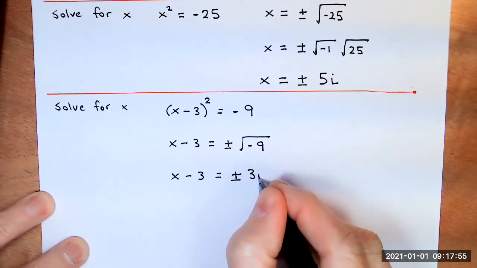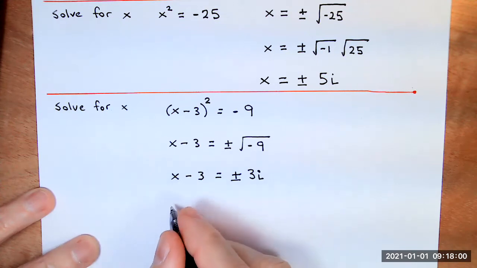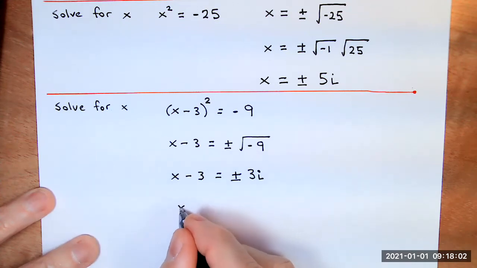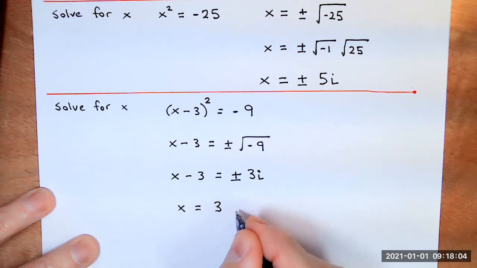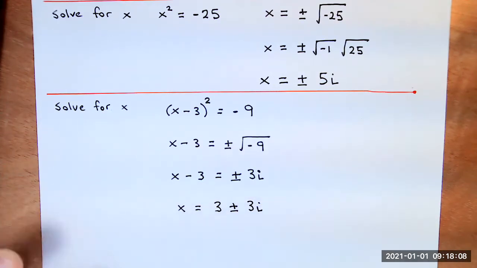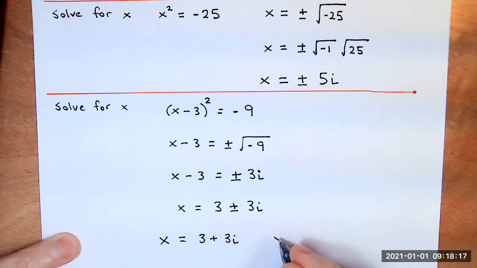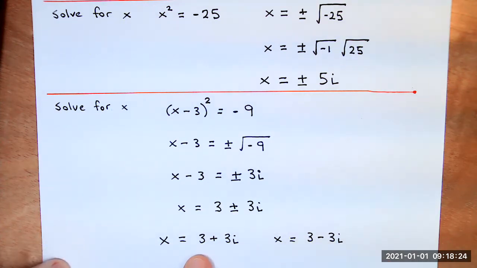So we get 3i, and then we just add 3 to both sides. So x is 3 plus 3i. x is 3 minus 3i. So this is a complex number.